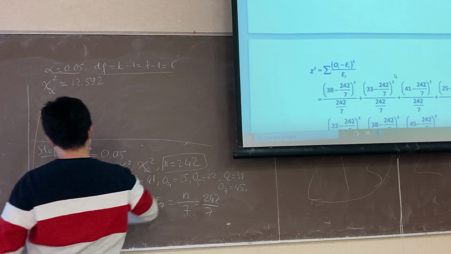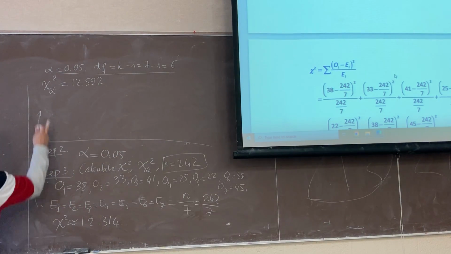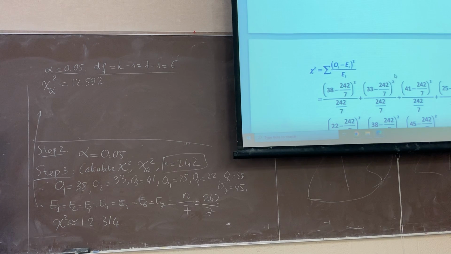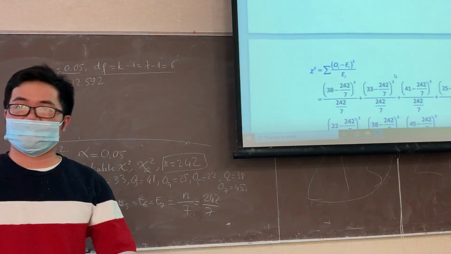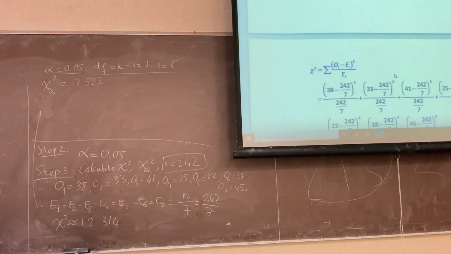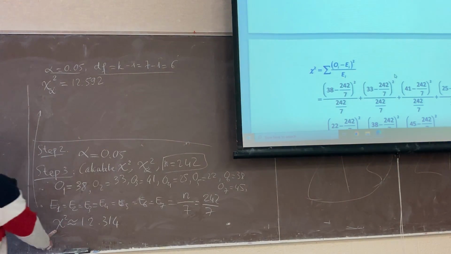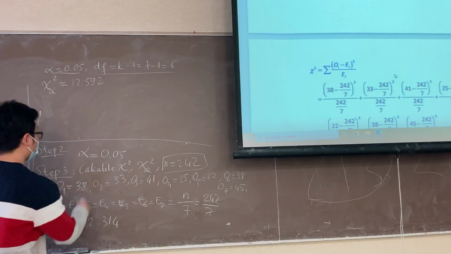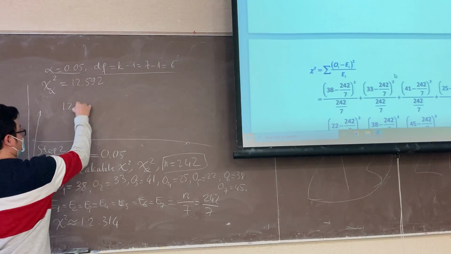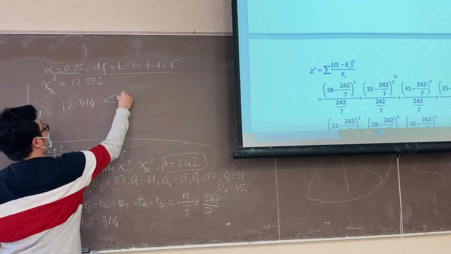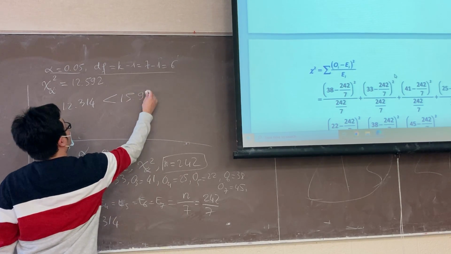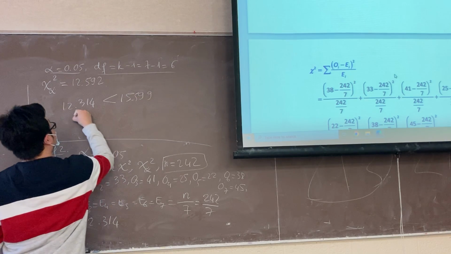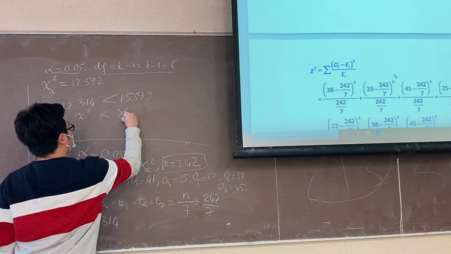And after that, when we find chi square and chi alpha square and compare them, could you tell me, is chi square greater than chi alpha square, or less? We have here chi square is this value, so it's less than this value. So that means chi square is less than chi alpha square.